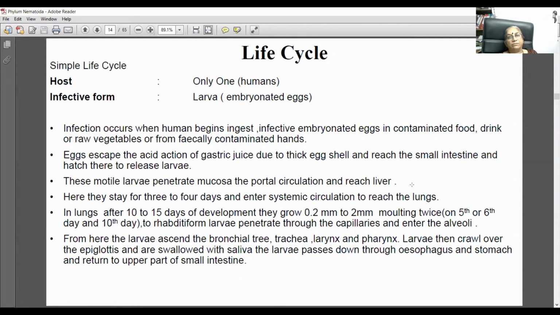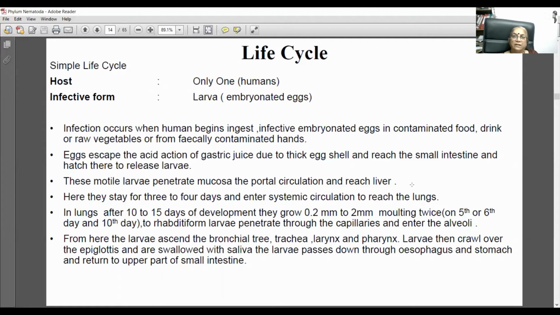Now coming to the life cycle of Ascaris lumbricoides. Earlier, in protozoans, you have seen that one or two hosts, intermediate hosts, etc., are required to complete the life cycle. They have to reach a particular host, then the intermediate host, and only then will the life cycle be complete.